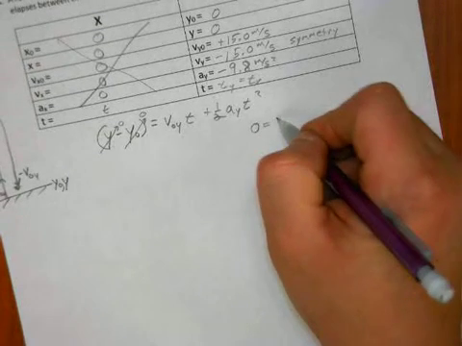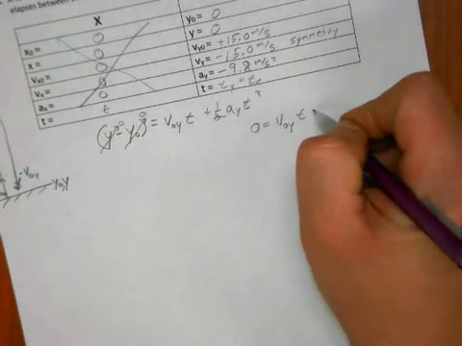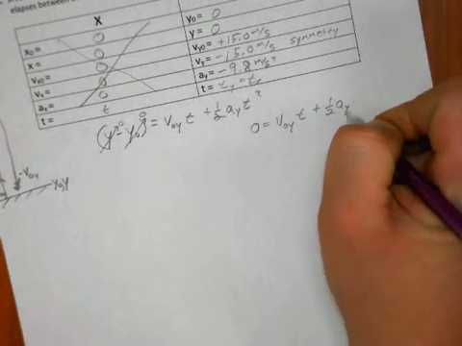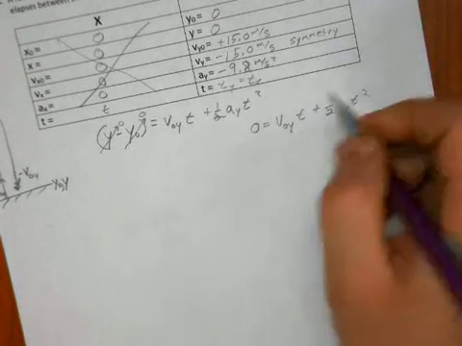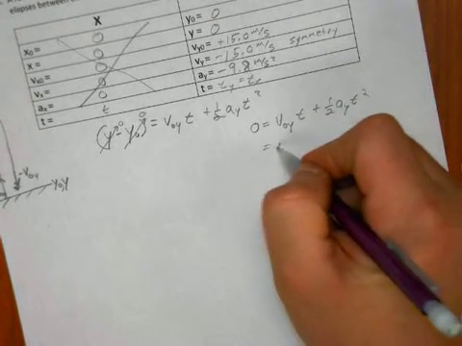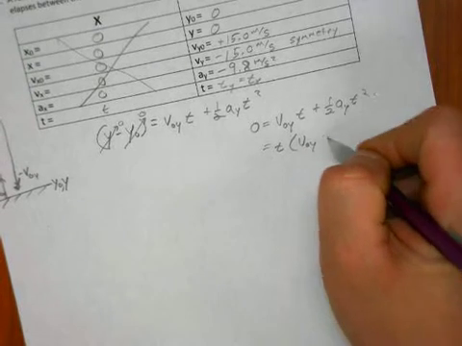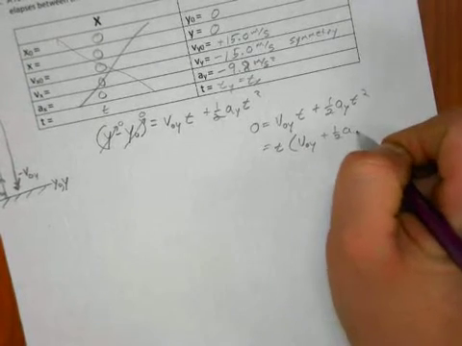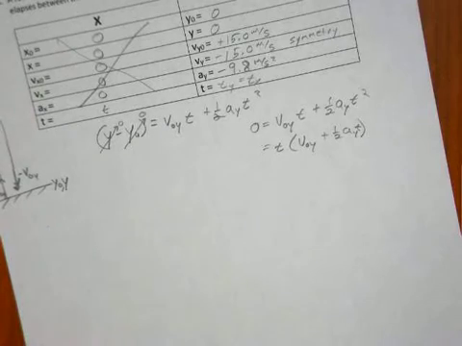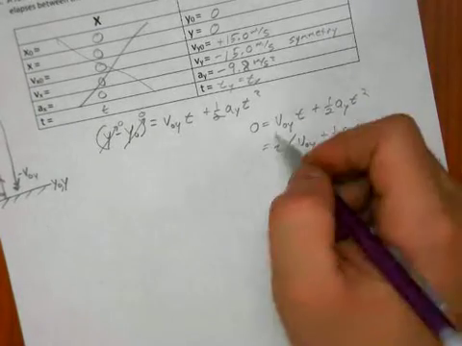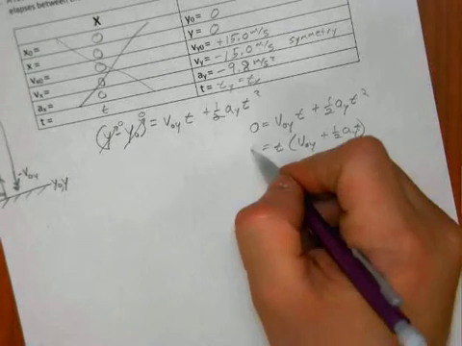So 0 equals v0y t plus 1/2 ay t squared, equals, factor out the t, t times (v0y plus 1/2 ay t). Now you have two possible solutions.